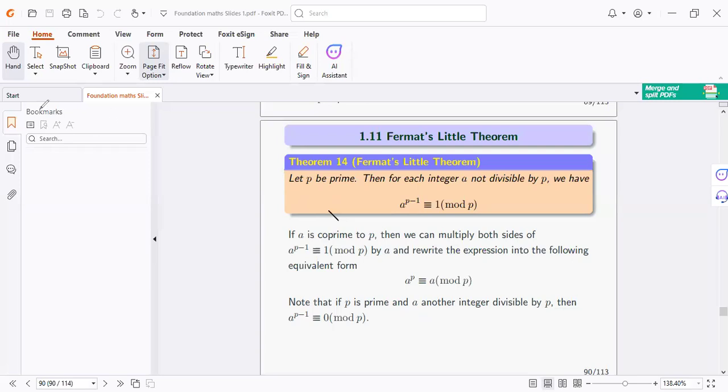But we stated the Fermat theorem and said that the P here should be prime and should not divide the A here. So the GCD of A and P must be 1 for you to use Fermat's little theorem. But we shall look at another theorem that does not restrict this number to be prime.